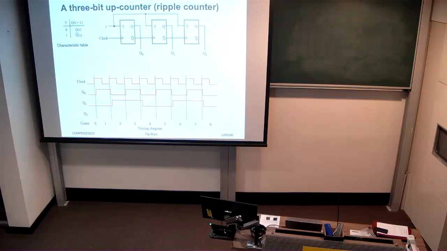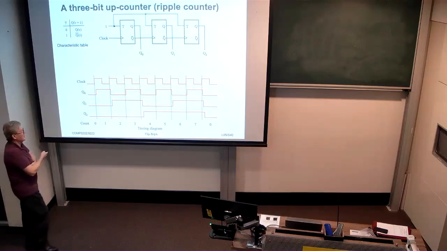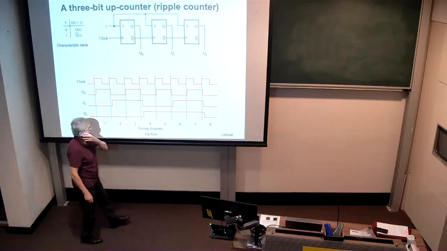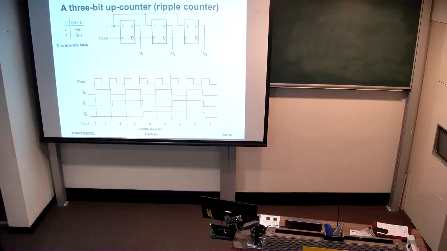The only problem with this design is that we have the clock to Q propagation delay to contend with, and that this introduces a lag in each successive stage as we go to the right in this particular design.